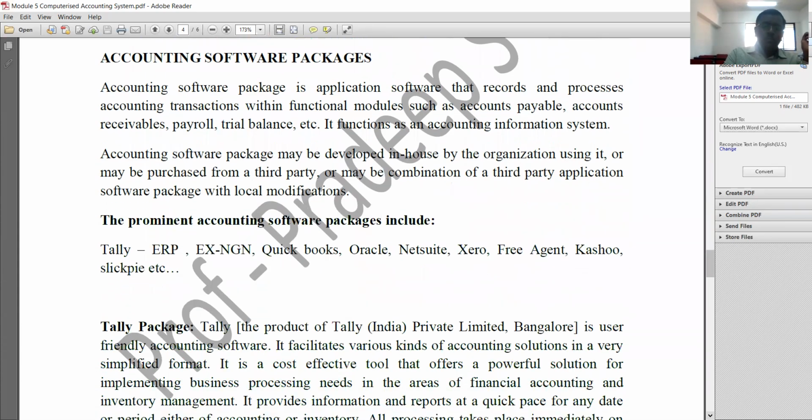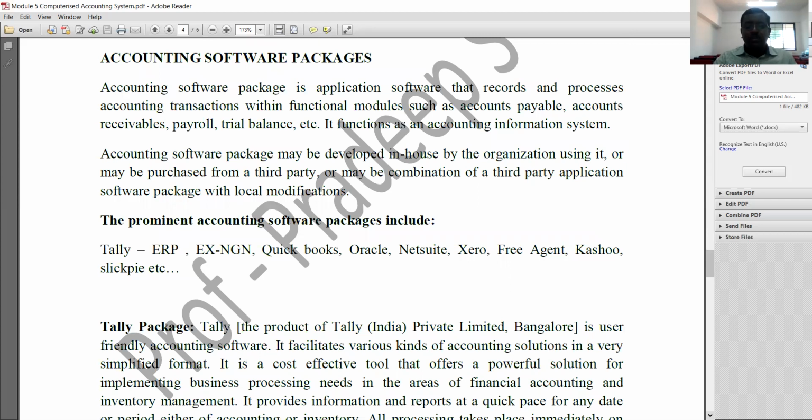Okay. Now let us move to the last concept. Another very important concept. They may ask it for 5 marks, like name any 5 accounting softwares or explain any 5 accounting softwares. Or they may ask this question for 2 marks, like state any four accounting softwares. Like that, they may ask one 2 mark question. So accounting softwares means what?